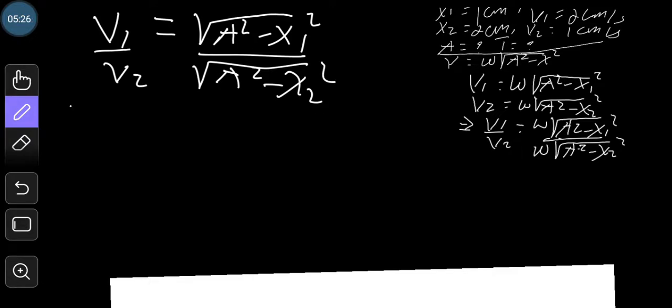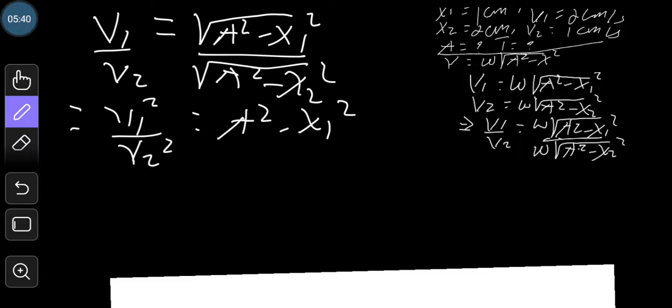Squaring both sides, we get v1 square over v2 square is equal to amplitude square minus x1 square over amplitude square minus x2 square.